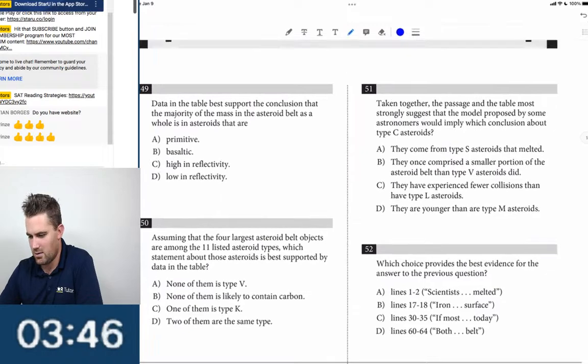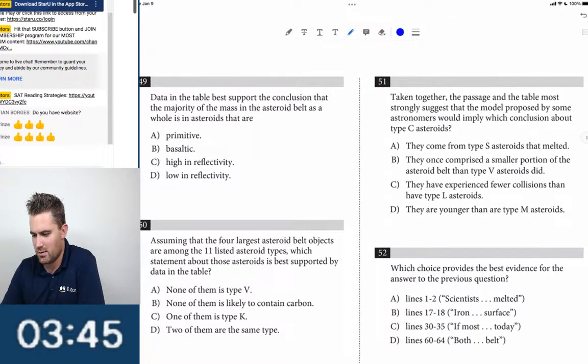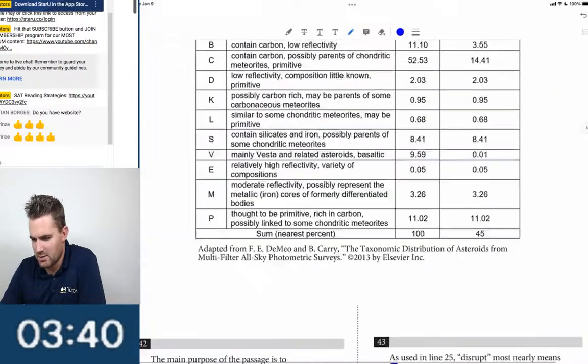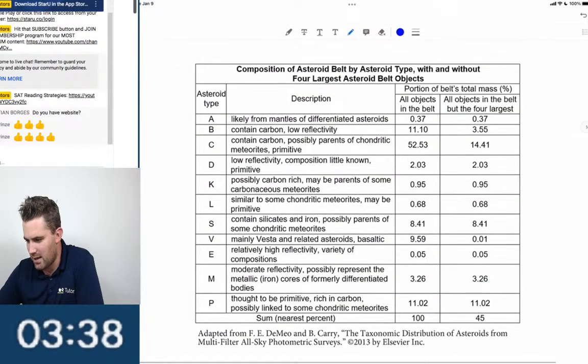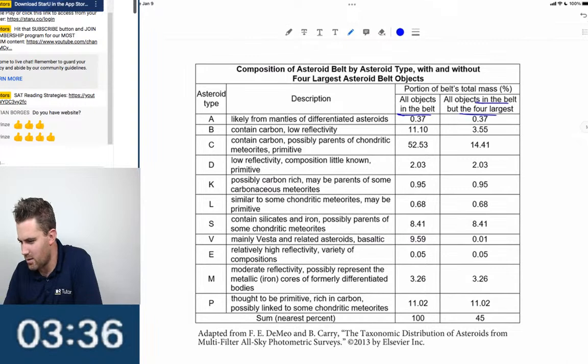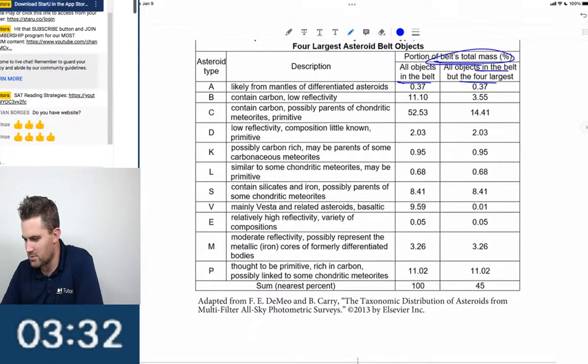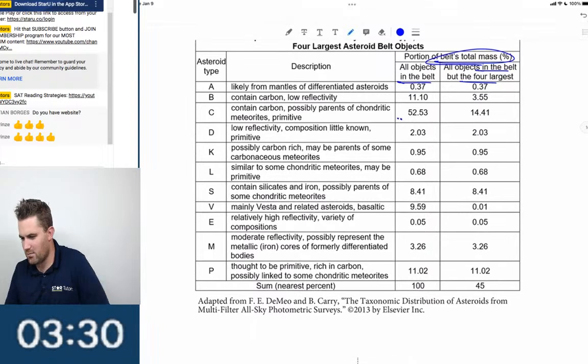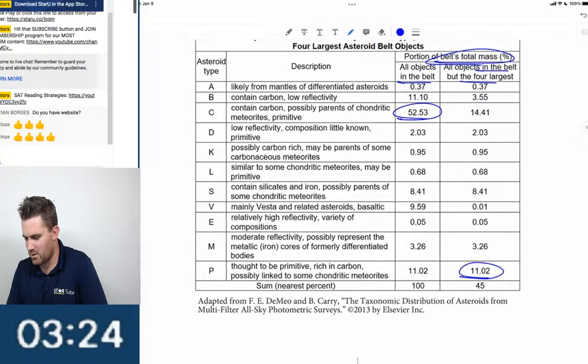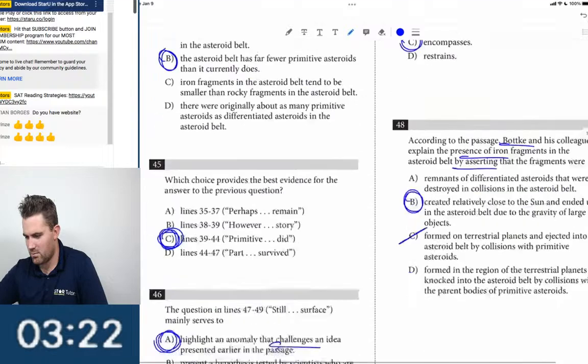Data in the table best support the conclusion that the majority of the mass in the asteroid belt as a whole is in asteroids that are the majority of the mass. All objects in the belt, but with a portion of the belt's total mass percentage. Contain carbon. Thought to be primitive. They're all primitive, right?